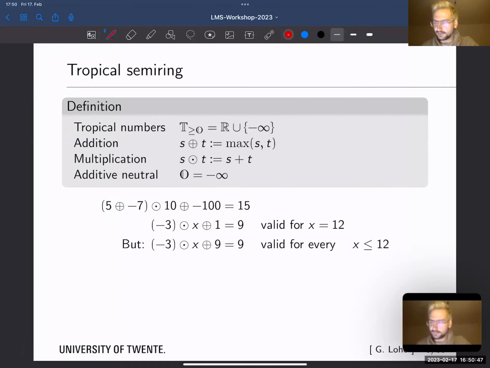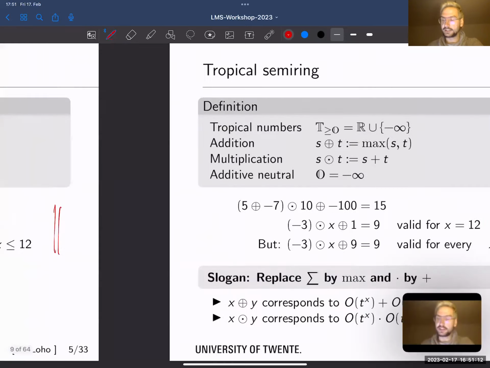And yes, we are all quite familiar with that. Just to point out again this weird behavior of equations, which we see here, and already this is a bit unusual for people who would not know tropical geometry, but it will become even weirder if we go to the sign tropical setting.